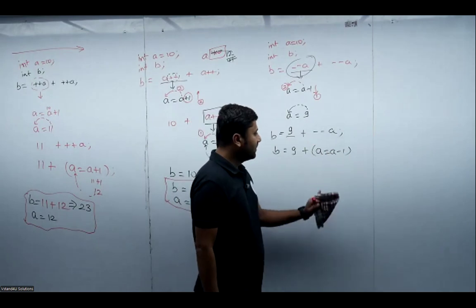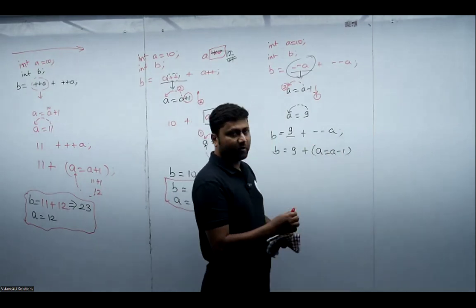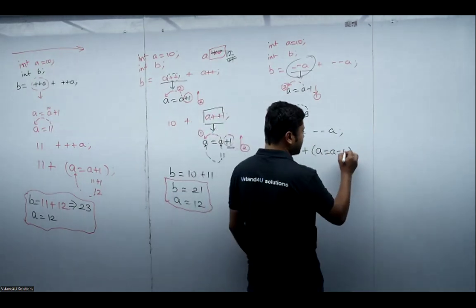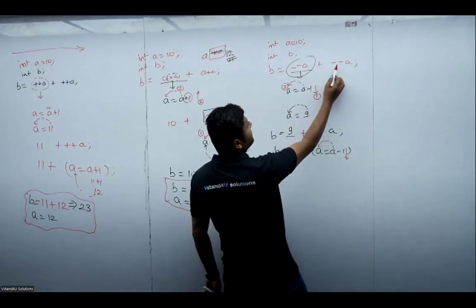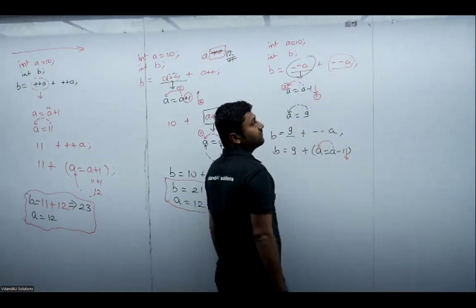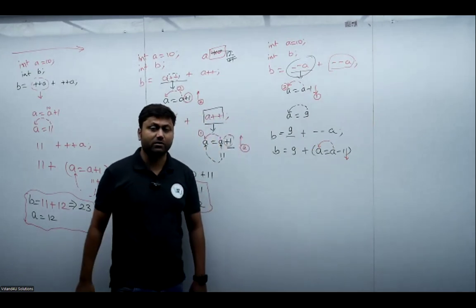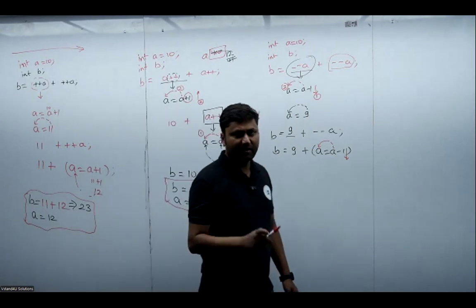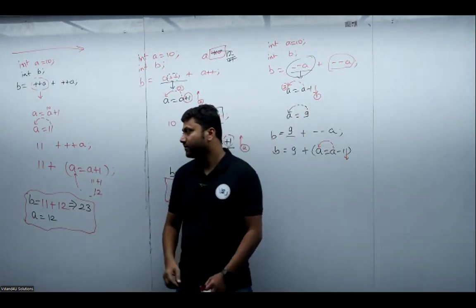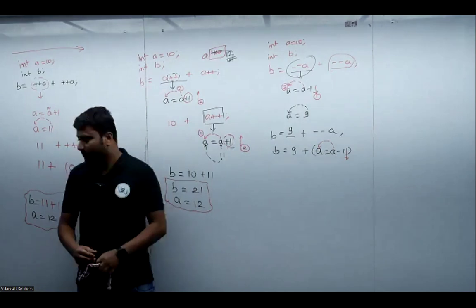Am I clear? Now here, again, two types of operations are there. One says decrement the value, another says assign the value. Pre-decrementation or post? Online, everybody, pre or post? Perfect.